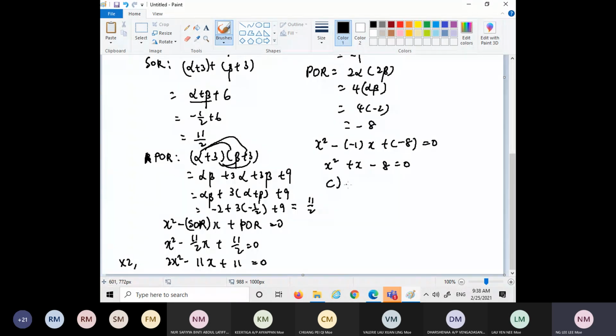Can I write the C here? C is the roots alpha squared and then beta squared.